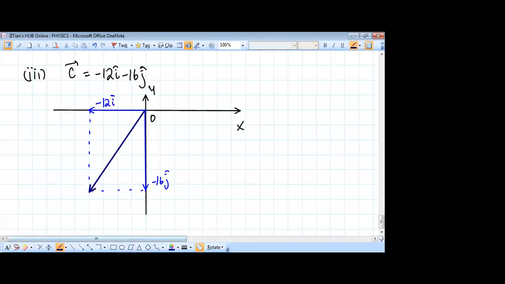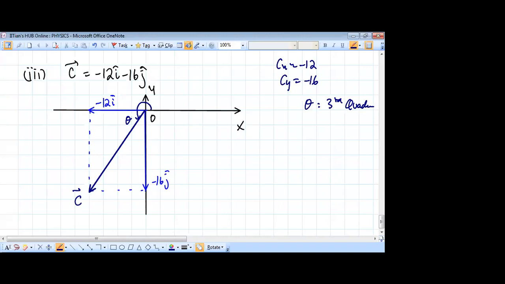This will be the vector C. And this will be the angle it is making with the x-axis. So you can see that Cx is minus 12, Cy is minus 16. Therefore, theta is in the third quadrant.